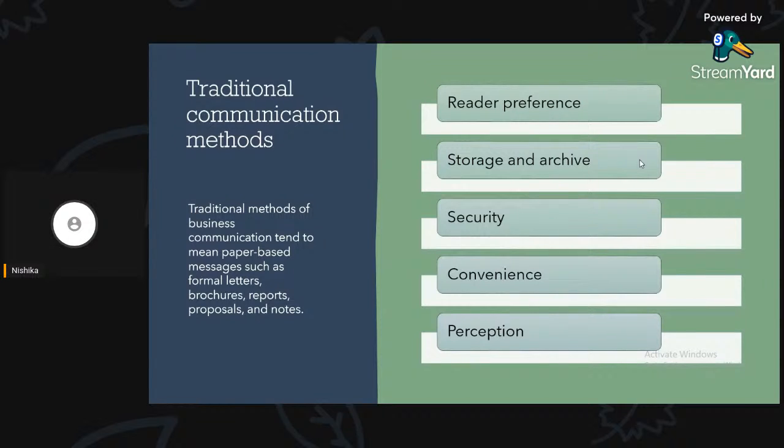Next is security. Another advantage of traditional communication is related to data security, because data breaches and hackers have shown that no electronic record is completely safe. Next is convenience. Convenience is also a merit of digital communication, but it is also a benefit that we can get from traditional communication.